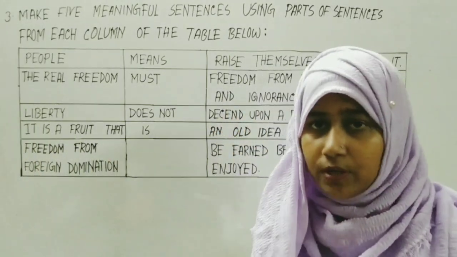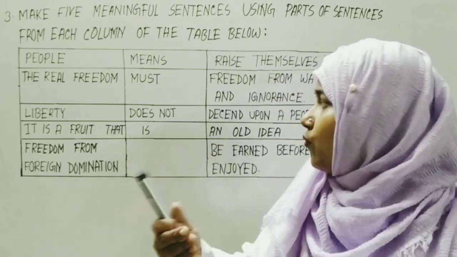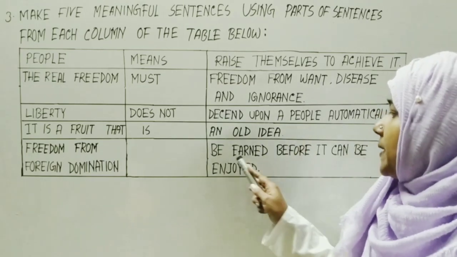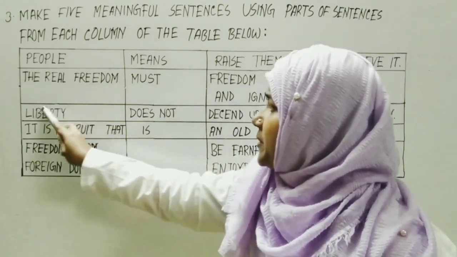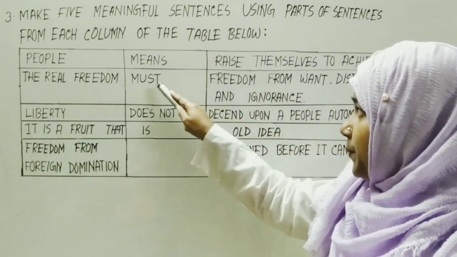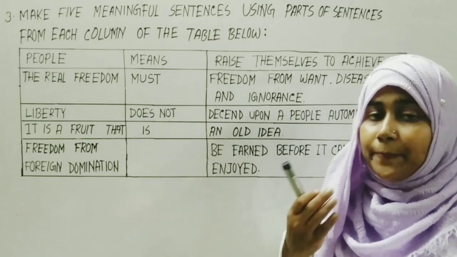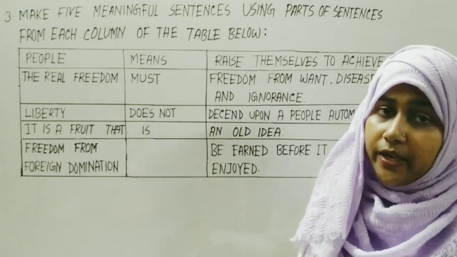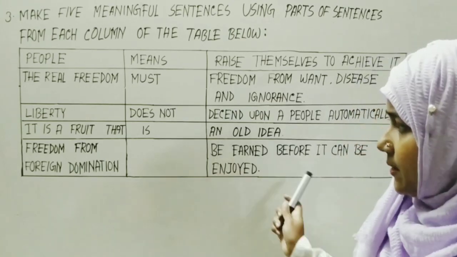We have two points, that is an old idea and be earned before it can be enjoyed. So liberty is a fruit that must be earned before it can be enjoyed. At first you have to earn liberty and then you can enjoy it. Okay, so this is completed.